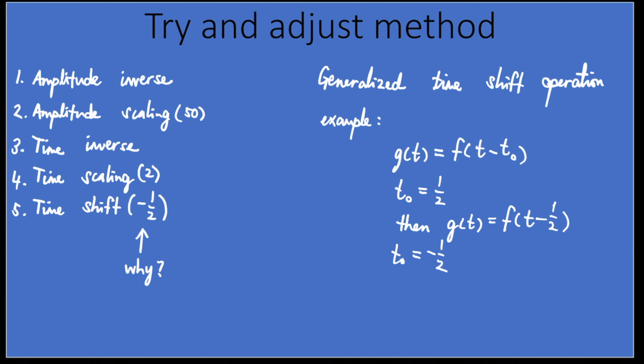Oppositely, if t naught is a negative value, for example t naught equals minus 1 over 2, then g(t) is equal to f(t plus 1 over 2).